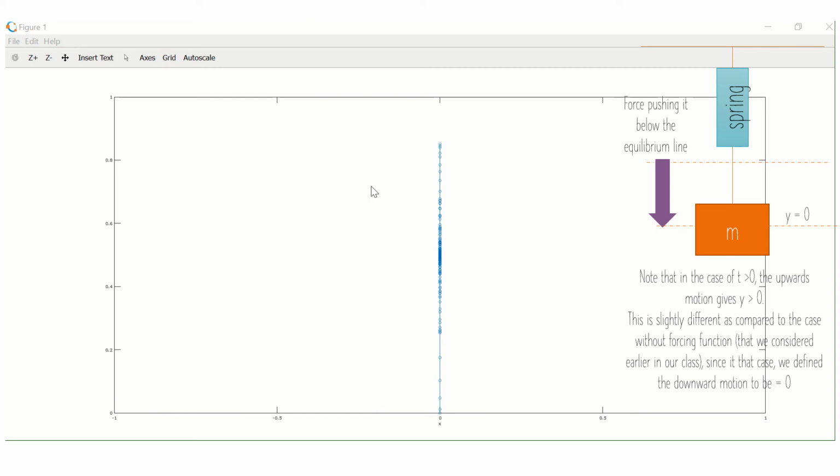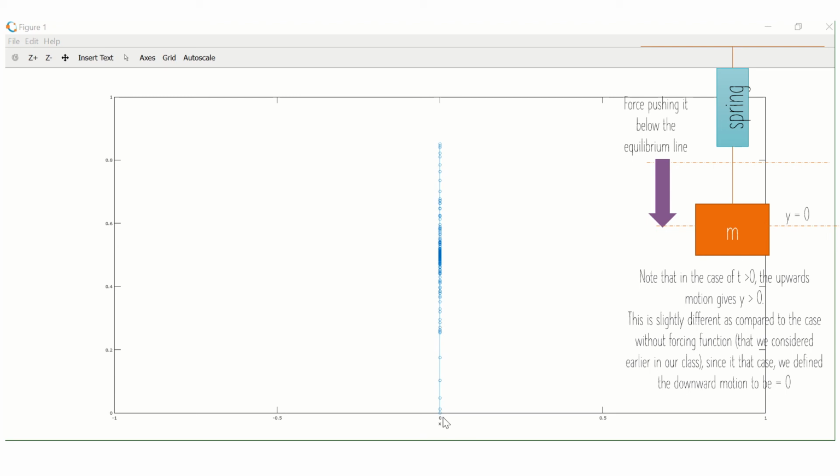What I have here is a plot where everything is on a straight line, because I'm plotting y as a function of x. In this case, you have to remember that you have a motion of an object attached to a spring on a given straight line, right? So it's going to oscillate up and down like this.